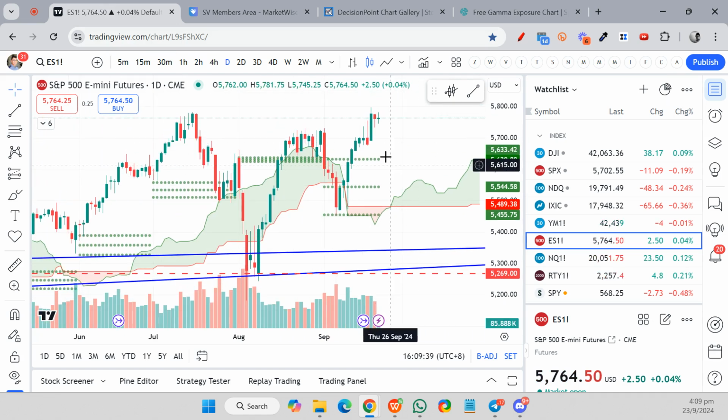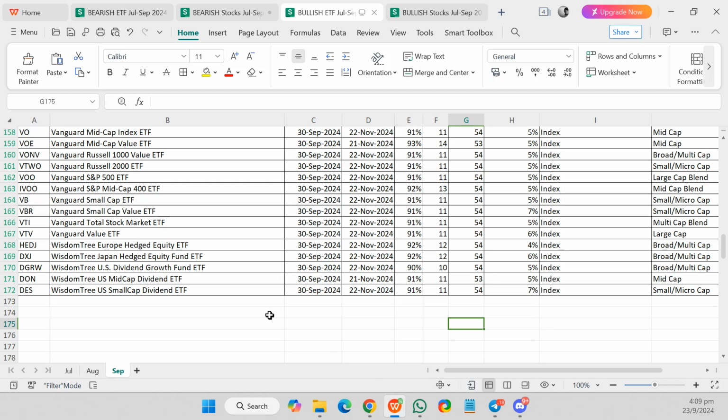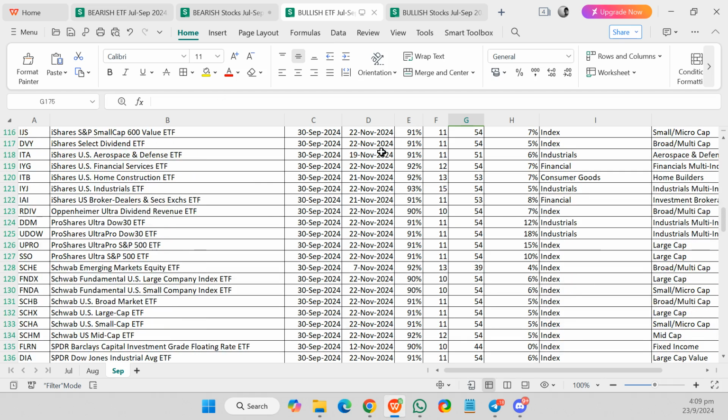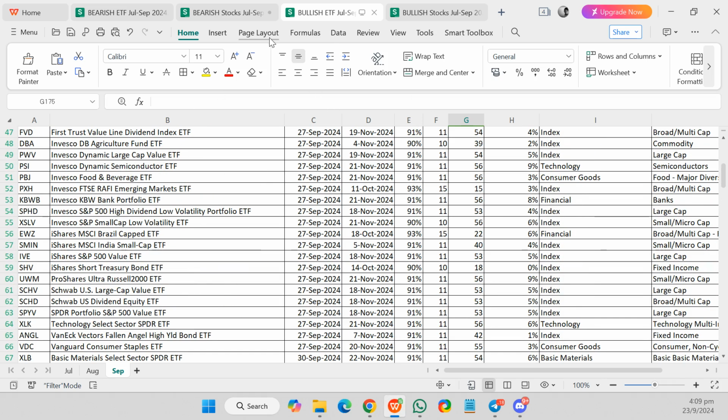So for this coming week, let's just focus on the data over there. In fact, I'm not looking at the bullish ETF and stocks, but I need to make myself clear first. It is not that easy to sell short in an uptrend in a bullish market.